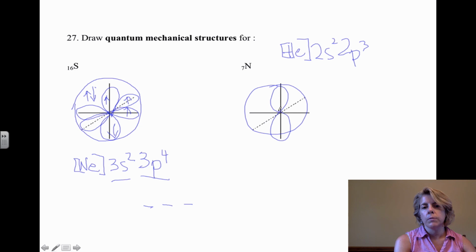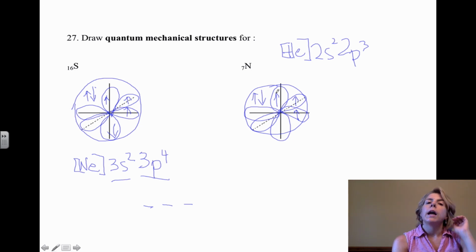So I'm just doing little figure 8s around each orientation. Once again, I'm going to draw the pair of electrons in the s orbital, and then for the p orbital, I only have 3, so I'm only going to put 3 arrows, 1 in each orientation. Okay, so make sure you do that electron configuration and study your quantum mechanical structures.